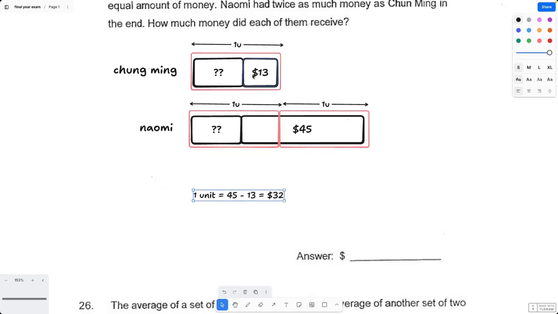We know that 1 unit is 32, so we can go to Chongming. Money received is equal to 32 minus 13, and make sure you double check, the answer should be $19. That's it. The answer is $19.